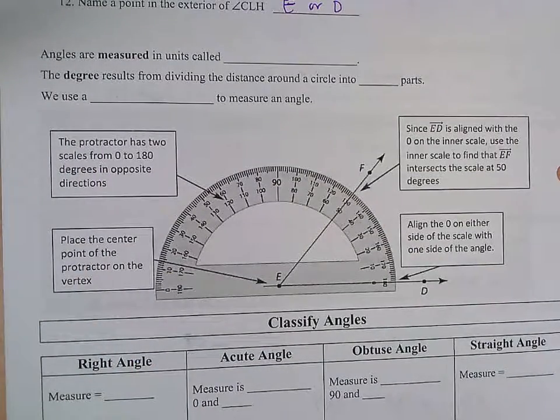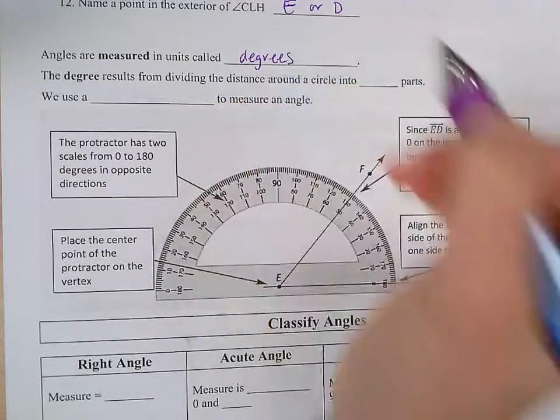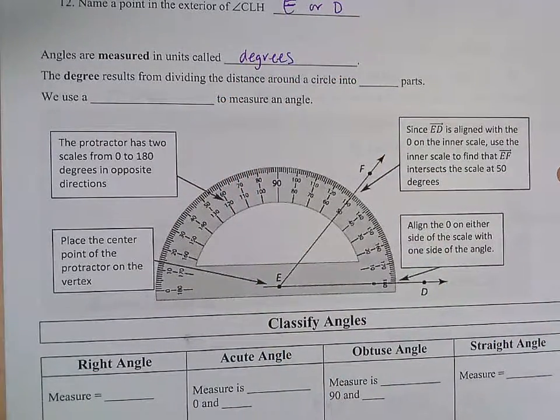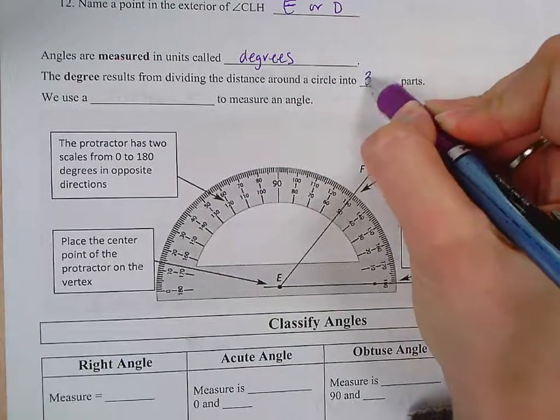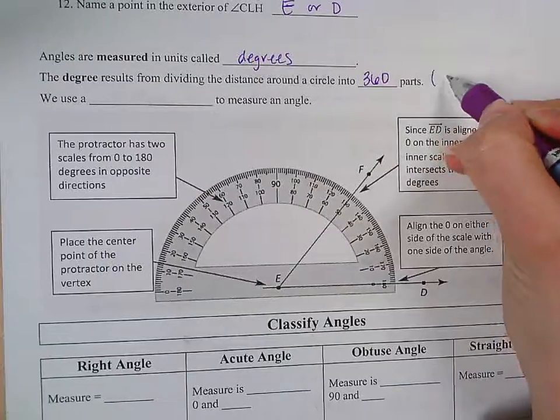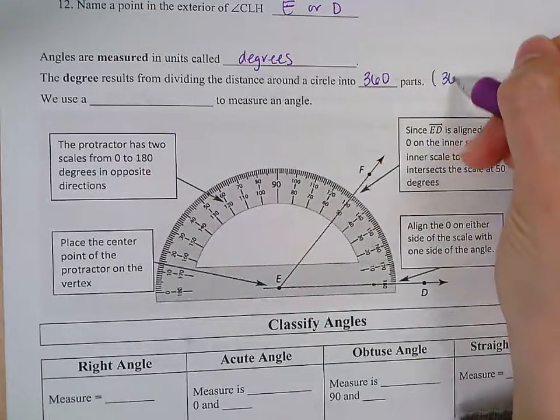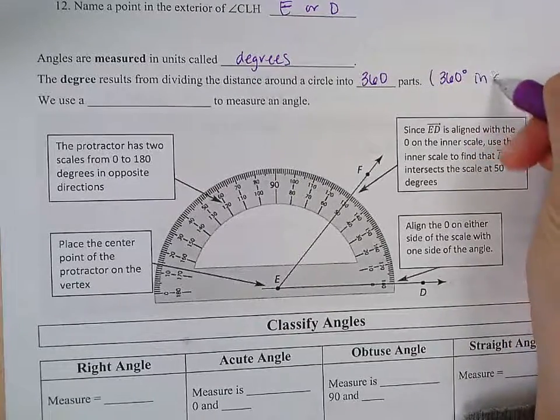Angles, first of all, are measured in units called degrees. That is the common measurement we use in geometry is degrees. And the degree results from dividing the distance around a circle into 360 parts. So what this means is that if you go all the way around a circle, there are 360 degrees in a circle.